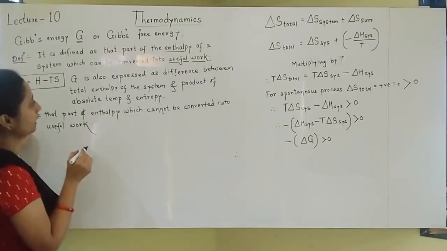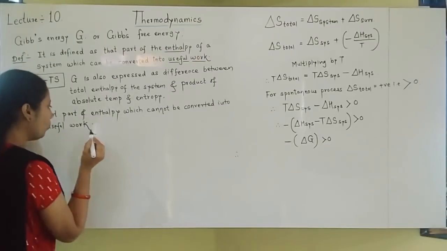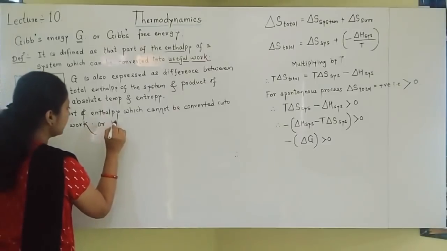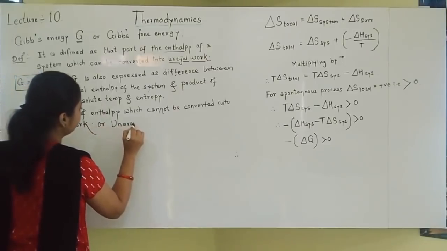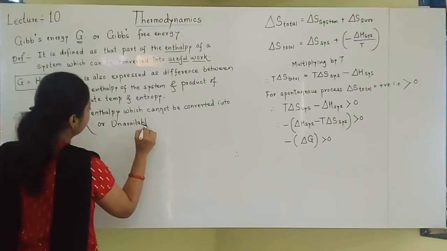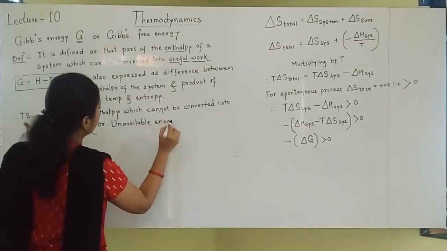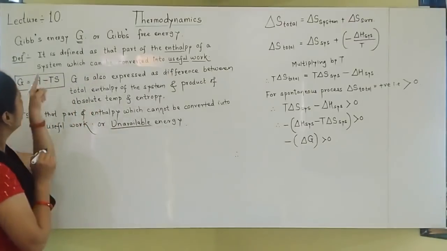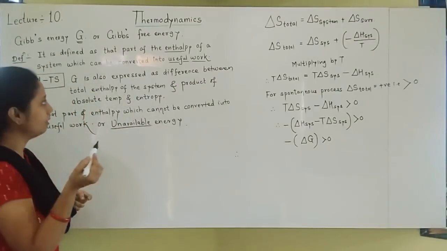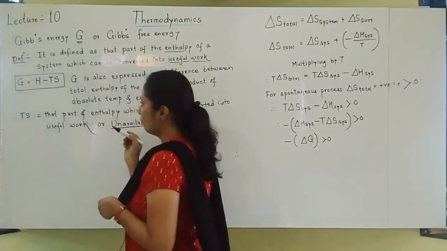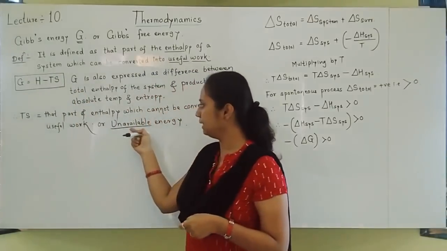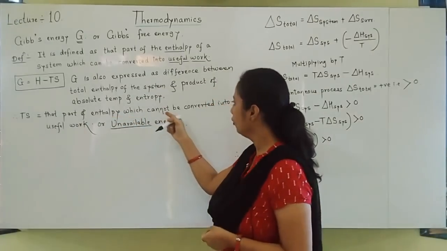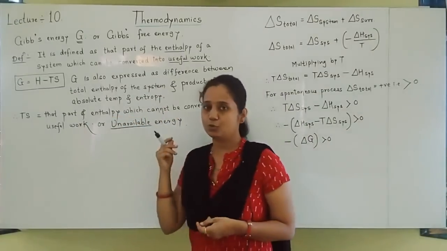This part cannot be converted into useful work, or it is unavailable energy. Gibbs energy is available for performing useful work, and we can say that TS is unavailable energy, or it is the enthalpy part which cannot be converted into useful work.